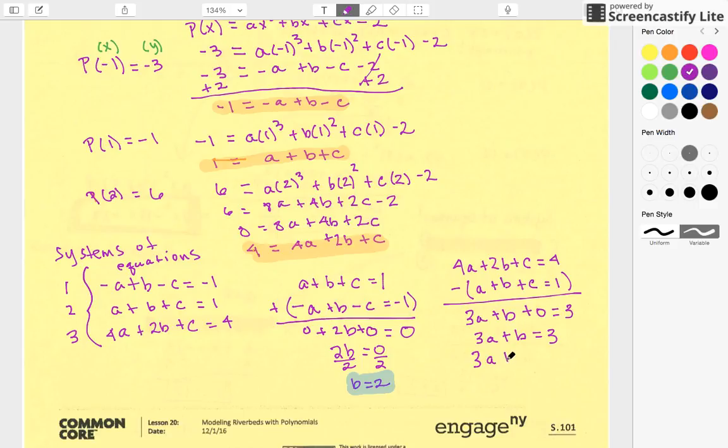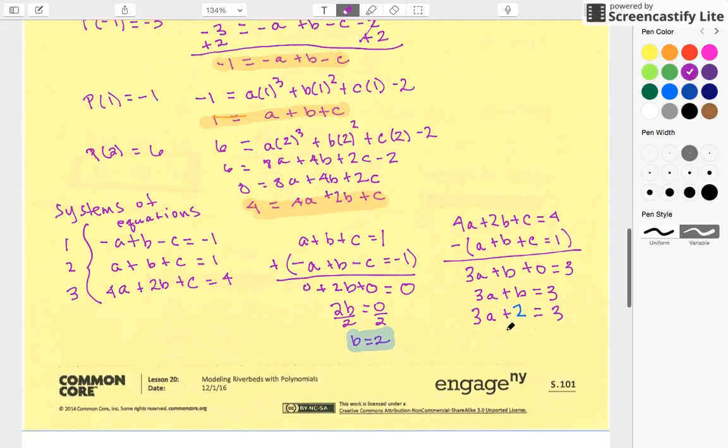So we have 3a plus 2 and then equals 3. Because I substituted b, I'm able to find out what a is. So I'm going to subtract 2, and then I get 3a equals 3 minus 2 is 1.